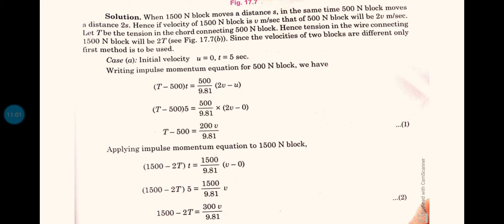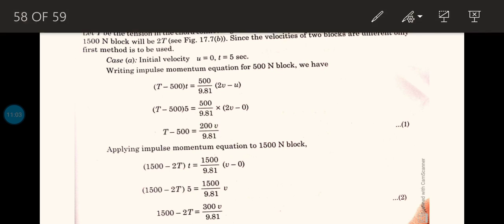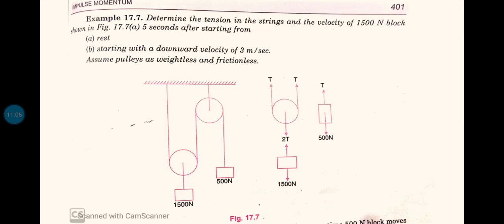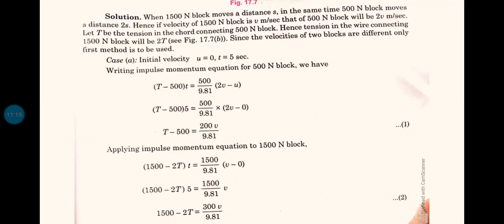Now applying the impulse momentum equation to the 1500 Newton block, you can see the 1500 Newton weight is moving downward. So 1500 minus 2T will be the net force, into the time interval, which is the same since both are moving for the same time, into 5, equal to mass, 1500 by 9.81, into the final velocity of the 1500 Newton block, which is v, minus the initial velocity, 0.